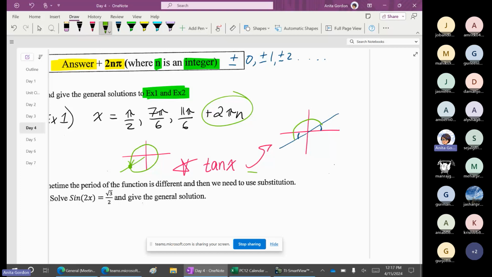So tan general solutions are usually referred to as x equals whatever your number is, plus pi n, because they're separated by 180 degrees. If you forget this, that's fine. It's just an interesting fact about tan. It does come in handy later on, but if you just use the 2 pi n, that is also correct.